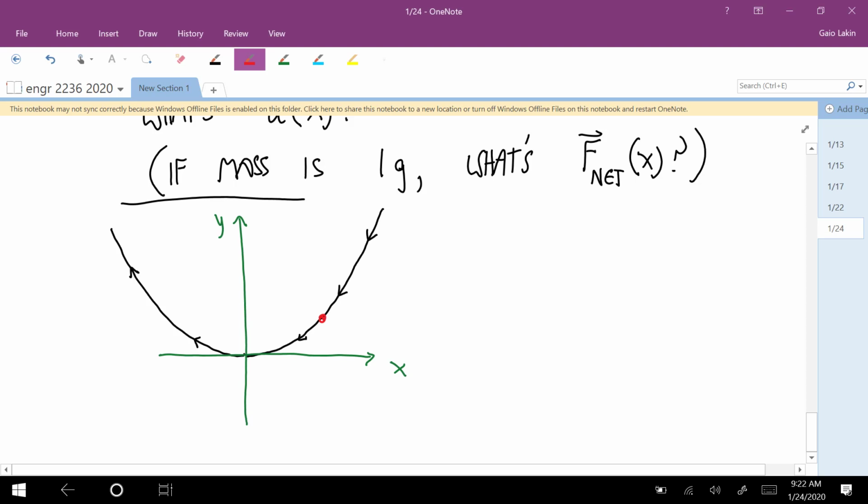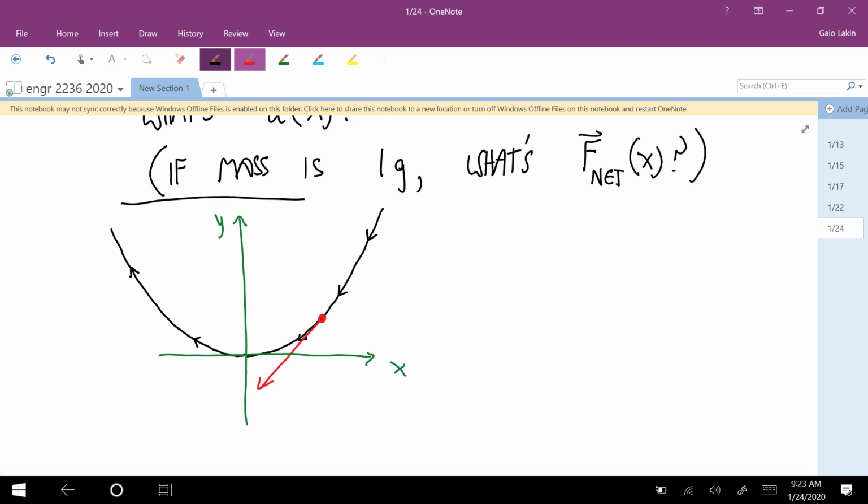Well, if we're here on the path, a unit vector is always tangent to the path. So that's the direction it's moving at that instant. And we just need to come up with an expression for a unit vector that's tangent to the path in the direction of motion like that.